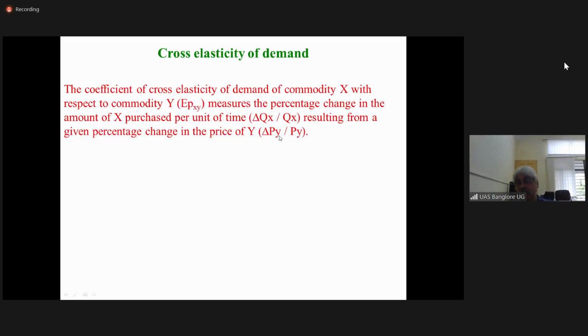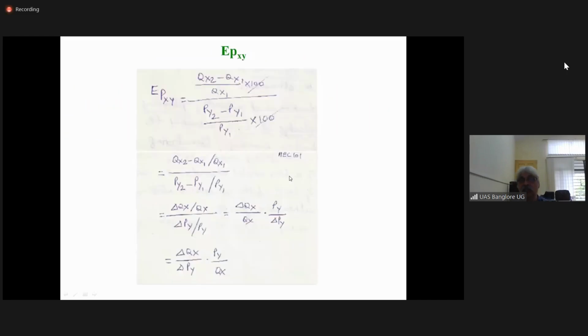Earlier it was delta PX by PX, but now it is delta PY by PY. So quantity of one commodity, price of the other commodity. That's why we call it cross elasticity.